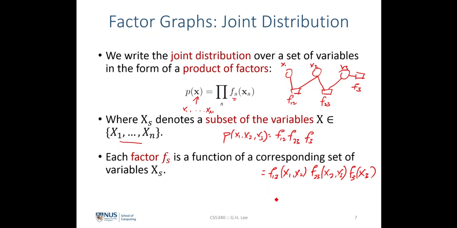So this means that given this particular factor graph, there's only one way of factorizing this joint probability distribution, which is given by this equation.